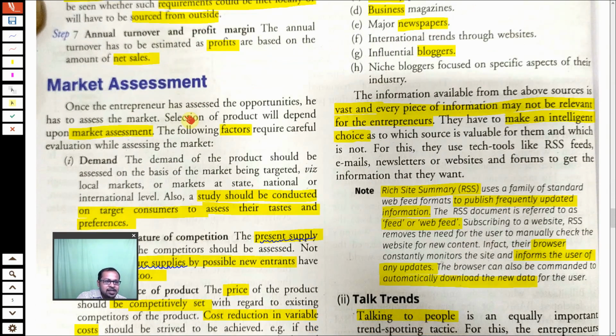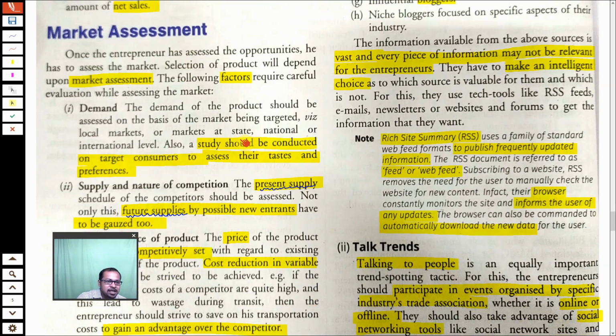Then after this, after you have done this step, the next step is market assessment. Okay, you know about the opportunity, you feel there is potential in the market, then you need to go for market assessment. Obviously understanding the market is very important.